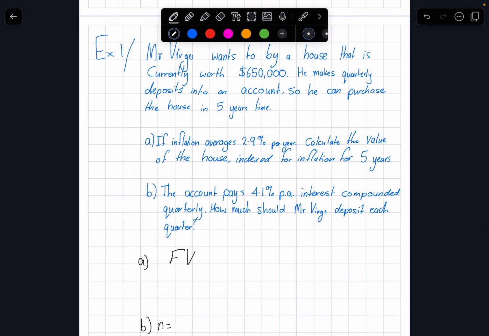My future value is going to equal my present value times 1 plus my interest rate to the power of n, and we do it over years.